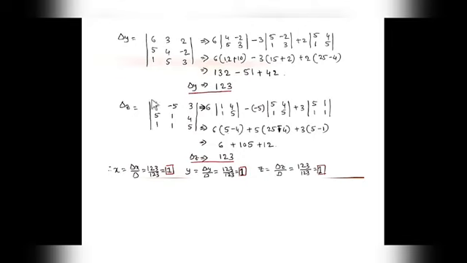Now again, to find the value of this determinant, I have to expand it by the first row. 6 into minor of 6 is this, minus 5 into minor of minus 5, and plus 3 into minor of plus 3. 6 into 5 minus 1 4s are 4, minus plus 5 into 25 minus 4, plus 3 into 5 minus 1.